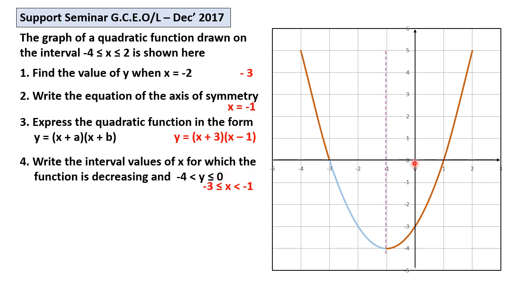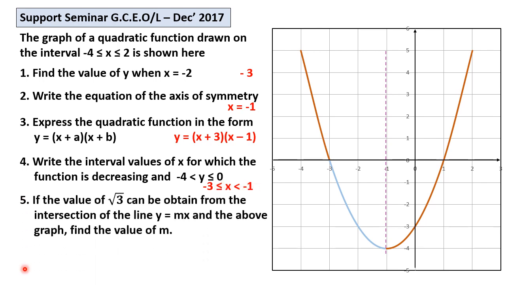When you consider the y value 0, the corresponding x value is minus 3. Only 0 has this equal sign, so we include the equal sign for the corresponding x value minus 3. Therefore, minus 3 is less than or equal to x, which is less than minus 1.